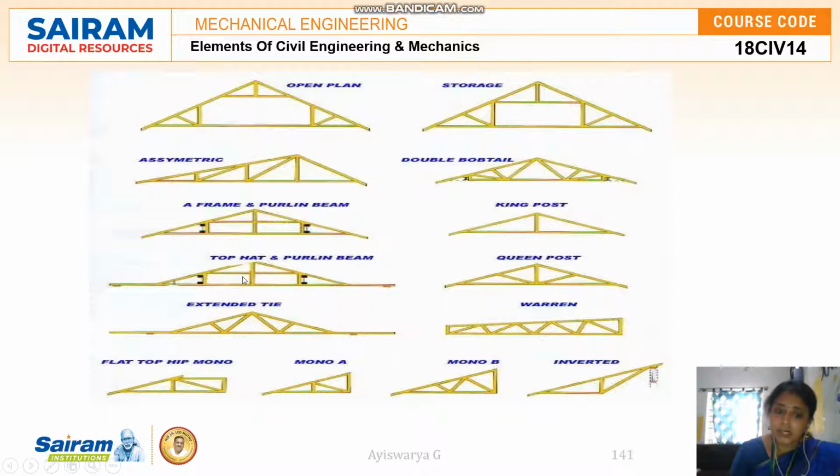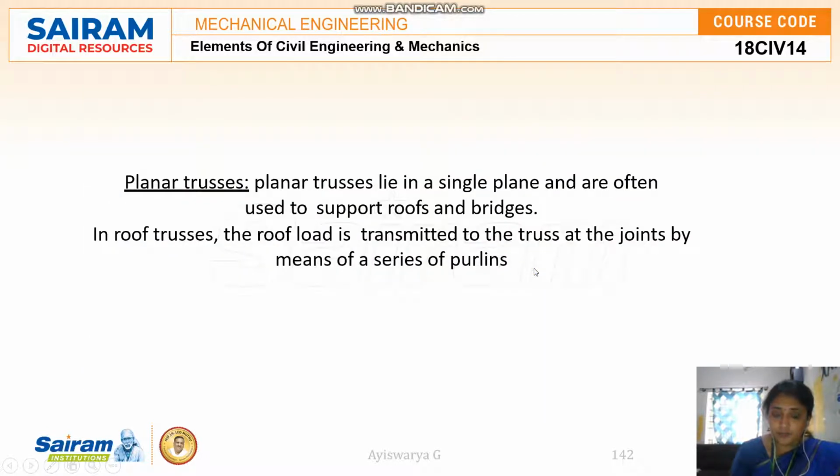Top hat and purlin beam; a purlin is another steel support given in the beams. And queen post, extended tie and variant, flat top, mono A, mono B, and inverted. So these are all the varying types of trusses, right? We can see about the trusses in detail.